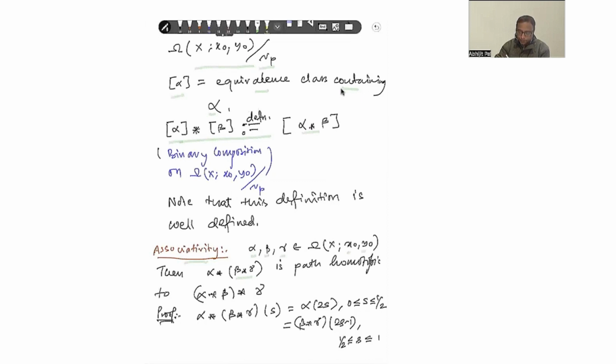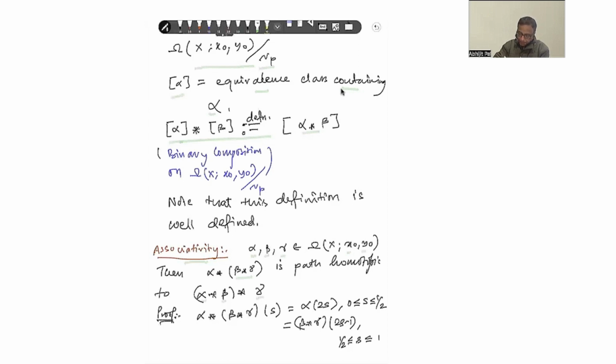And in the second, I'll concatenate alpha with beta, and after that I will concatenate this alpha star beta with your gamma. So both will give the same element in the quotient space.